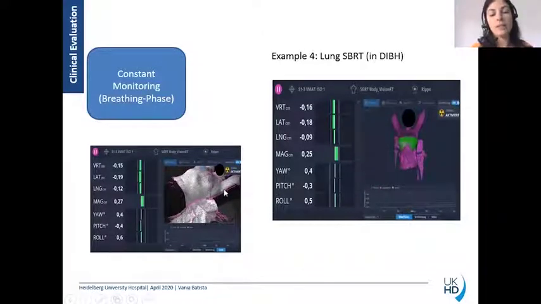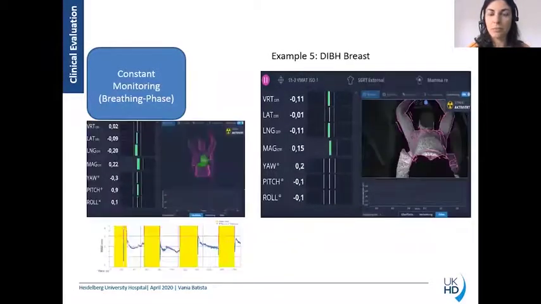That means you can easily see the entire patient face and detect if there is any issue along the treatment. And here the image of the surface of the patient, the ROI that was defined to assess the breathing of the patient and the treatment to irradiate the patient.